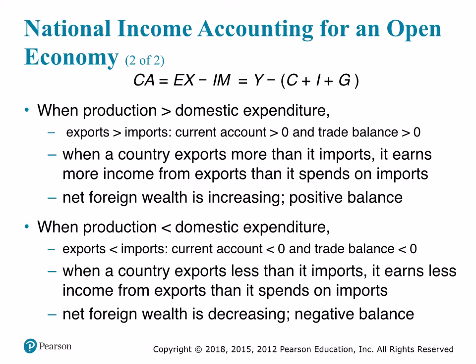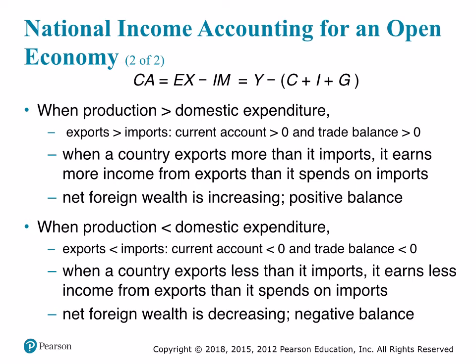Now let's go over the assumptions of the national income accounting for an open economy. The number one assumption is that when production is higher than domestic expenditure and exports are higher than imports, the current account is larger than zero and the trade balance is larger than zero, meaning that both the current account and the trade balance are positive.